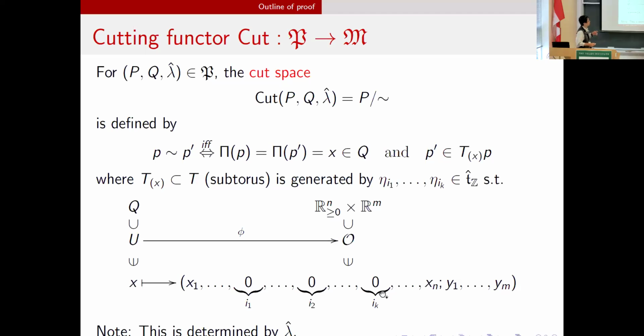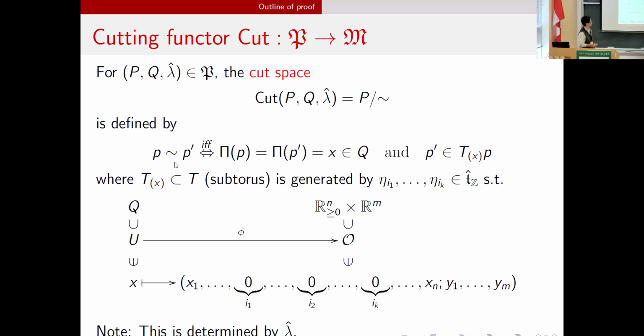By using the unimodular labeling, i1 corresponds to η_{i1} for some basis of t_Z, and i2 corresponds to η_{i2}. Then we get k elements that are primitive elements of the Lie algebra, and by taking their exponential, this determines a subtorus of T.